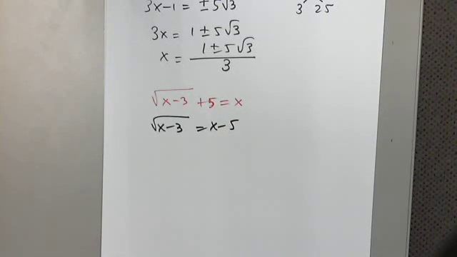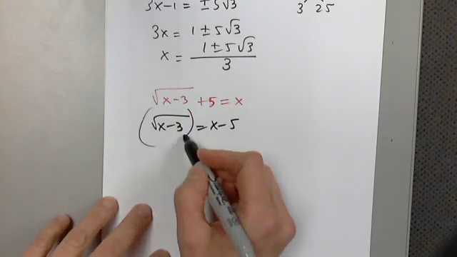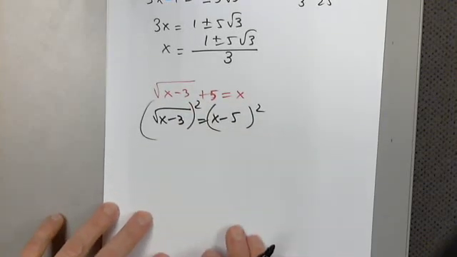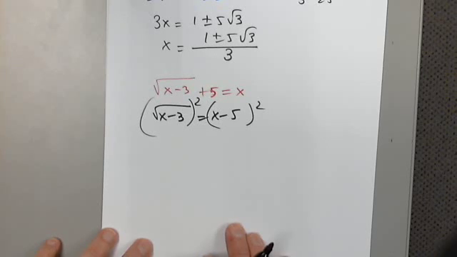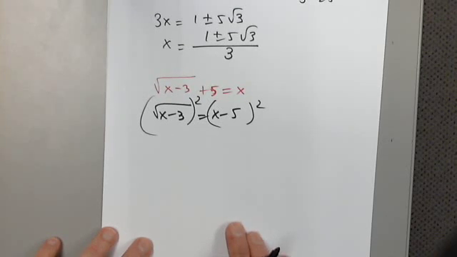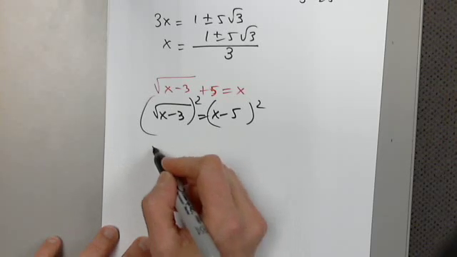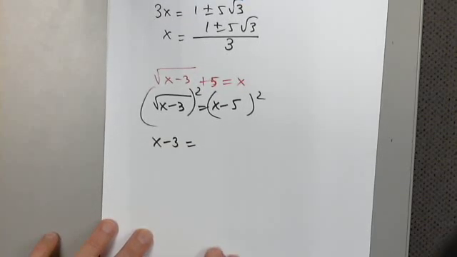Awesome. Very good. And now? Now it's square. It's the inverse operation? Yes. What do we have on the left-hand side? And the right-hand side?